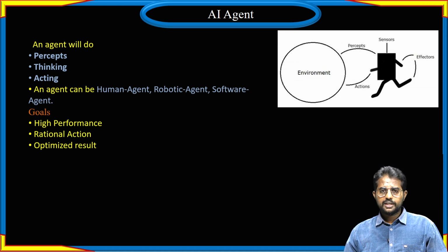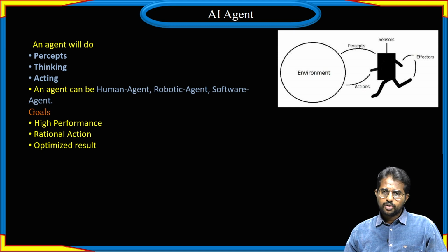The second one is the robotic agent. In a robotic agent, the sensors will be high quality sensors and thermal sensing sensors, and it also has wheels as effectors, so that it can move from one place to another. Similarly, a human agent moves from one place to another using his legs, and holds objects using his hands.